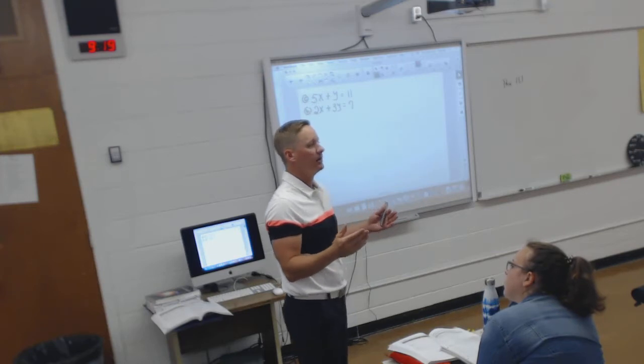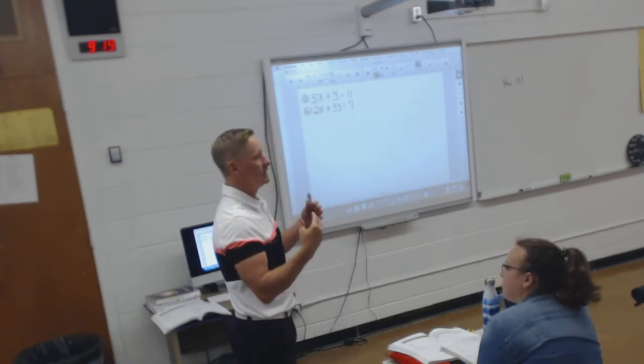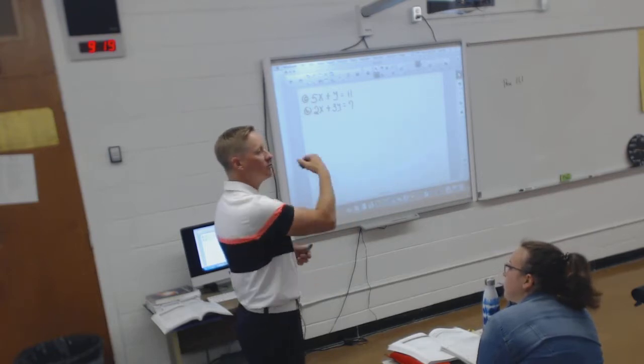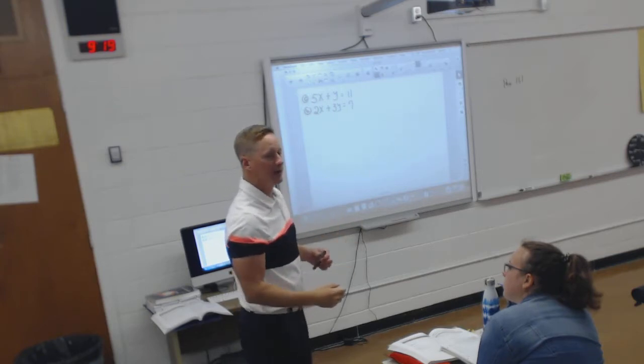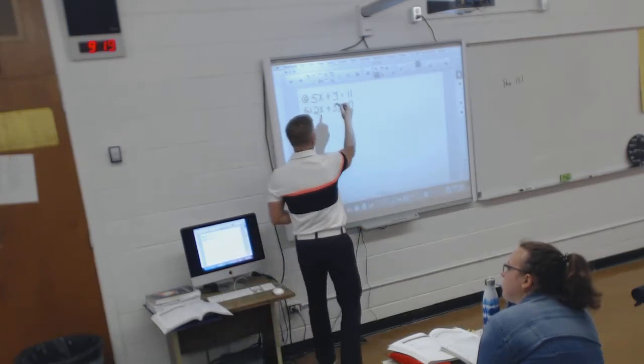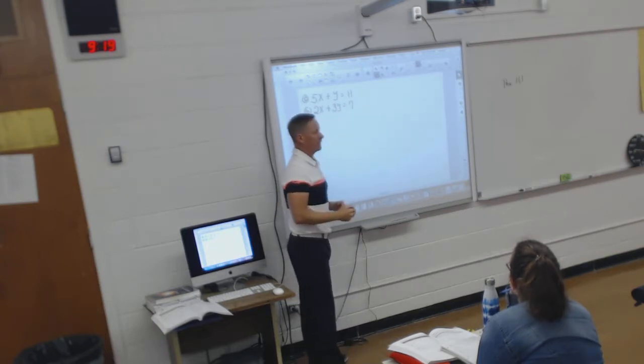Again, I'm shooting for the intersection point. So here's what needs to be done. I'm going to multiply one of the equations by a value such that I can cancel out one of the variables by adding.